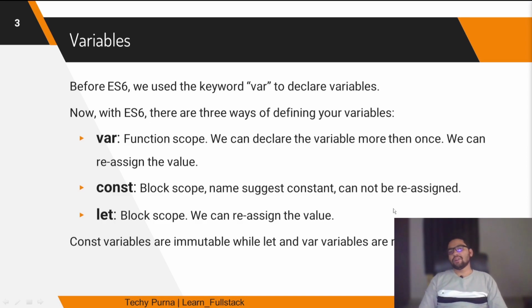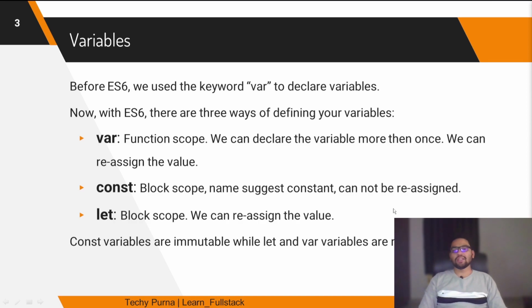So var is available in function scope, whereas const and let are in block scope. And var can be declared more than once, and also we can reassign the values, whereas const and let cannot be declared more than once.